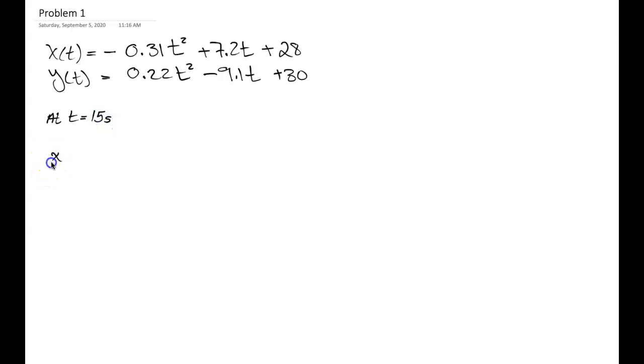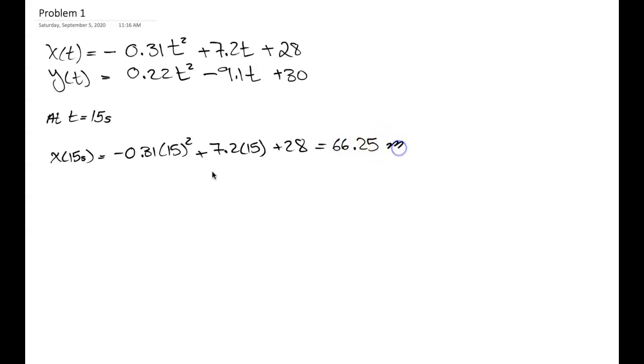So we know that x at 15 seconds is going to be minus 0.31 times 15 squared plus 7.2 times 15 plus 28. And if we do these calculations, we find out that it's 66.25, and we're told the x and y directions are in meters.